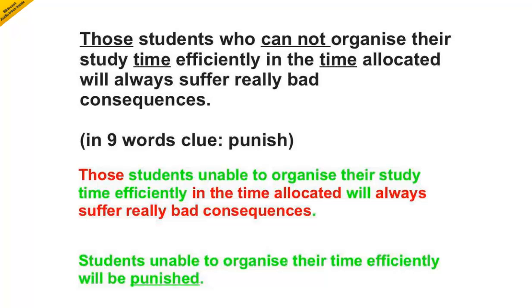Okay, alright then. So just to summarize for those that are listening and don't have the PDF, the first sentence was, those students who cannot organize their study time efficiently in the time allocated will always suffer really bad consequences. I changed that to students unable to organize their time efficiently will be punished.